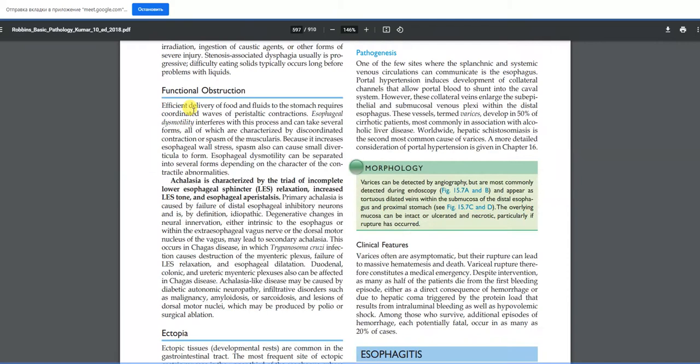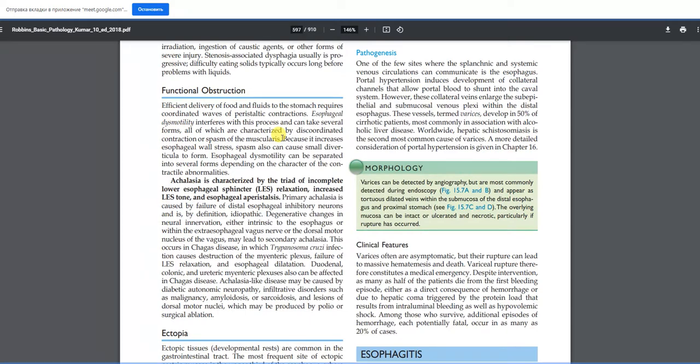Okay, functional obstruction should be discussed. Functional obstruction is also named esophageal dysmotility. It's a process that can take several forms, all of which are characterized by discoordinated contraction or spasms of the muscularis externa, of course.